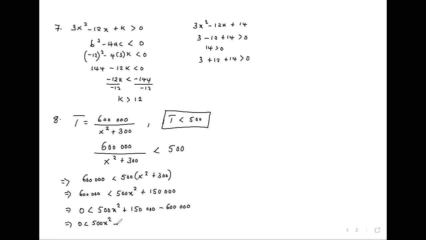This is going to be 450, if I'm not mistaken. Yeah, 450,000. So what does this imply?